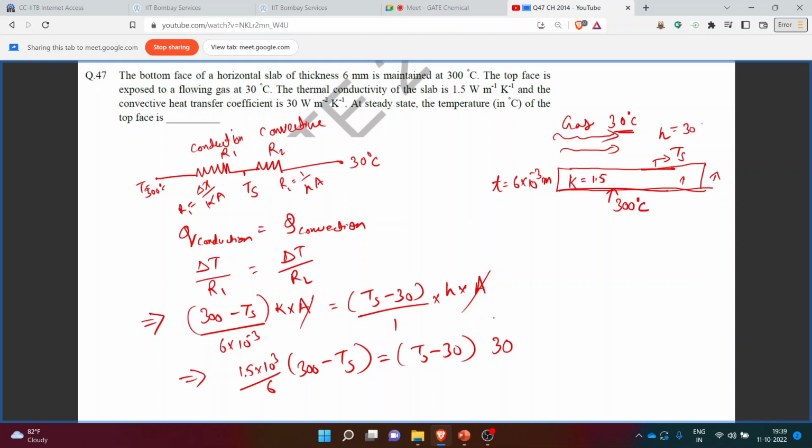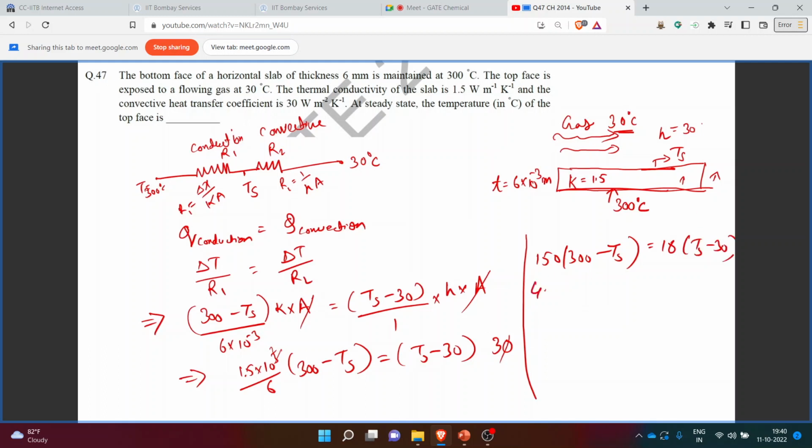We can simplify this, and we will have 150 into 300 minus Ts is equal to 6 into 3, that is 18, into Ts minus 30.